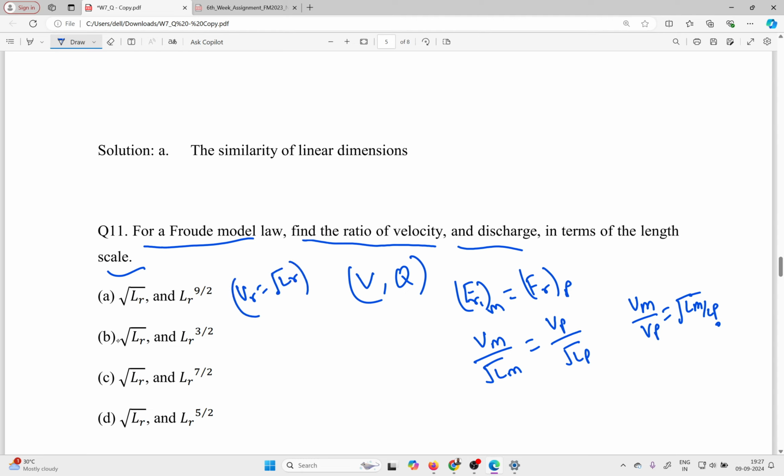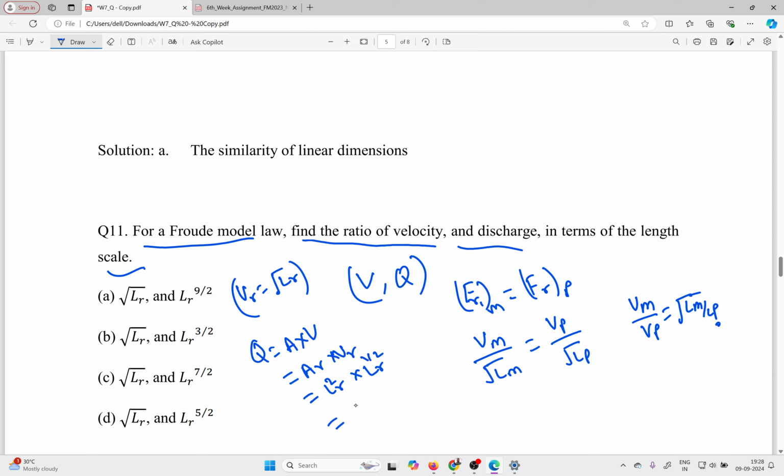So in every option Lr is given. Now moving ahead with the discharge. Discharge is area into velocity. So that is Ar multiplied by Vr. So Ar is Lr square into Lr to the half.